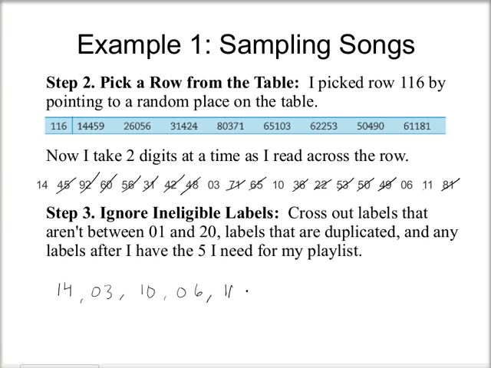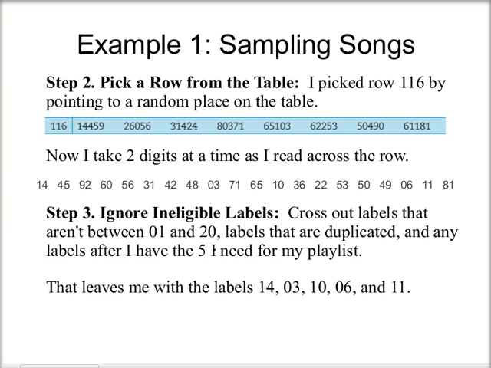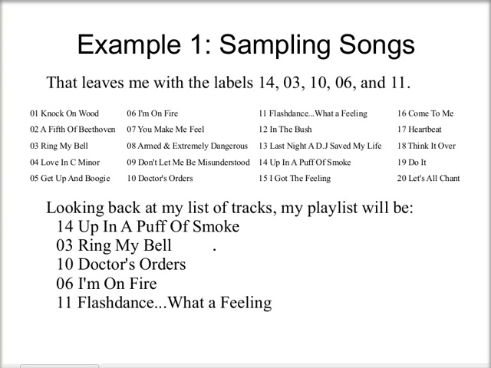These are all different, and I actually got exactly the number of labels I wanted. I've got 5 labels here. If I had more after 11, I would just ignore those, but I've got exactly the right number, so that works. So that leaves me with 14, 03, 10, 06, and 11.